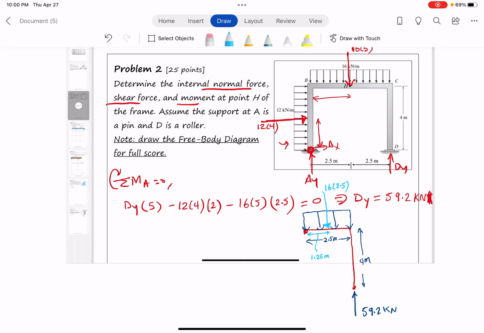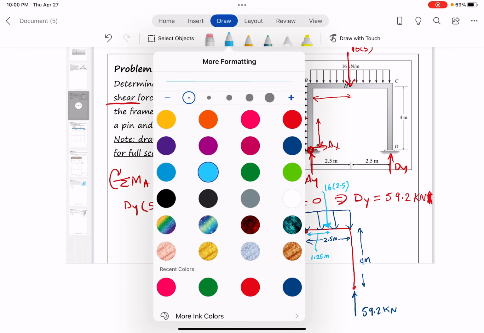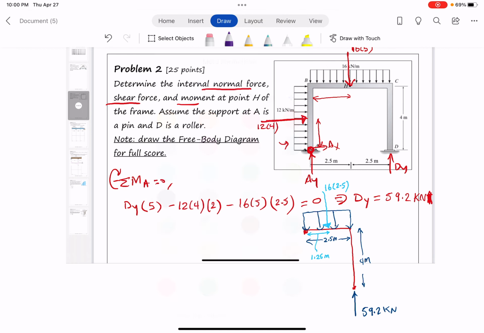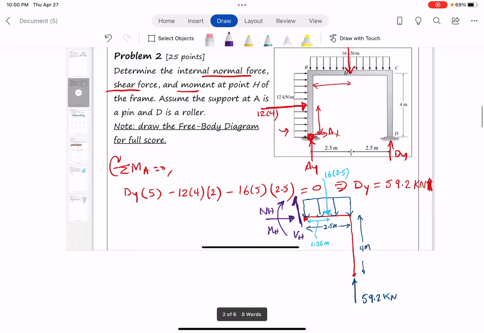So what we need to find is the following: the shear at this point, we could call it shear H, and also the normal force H, and the moment at this point H. And let's do the analysis.